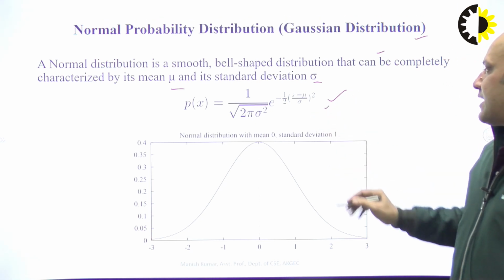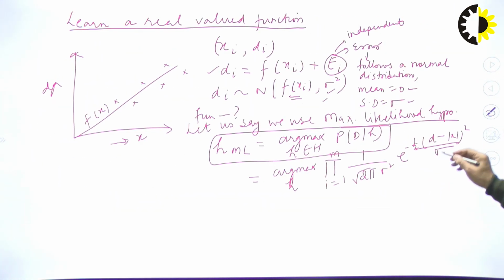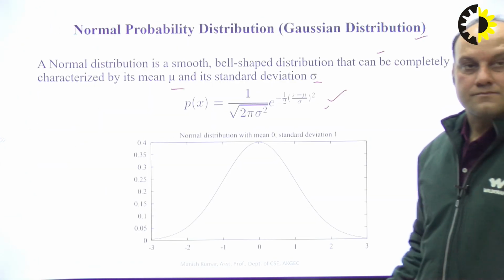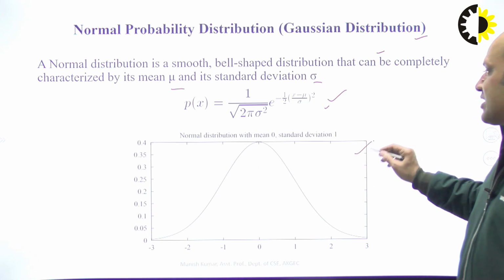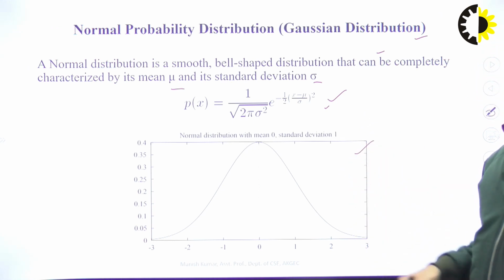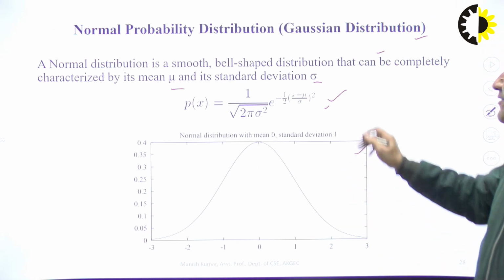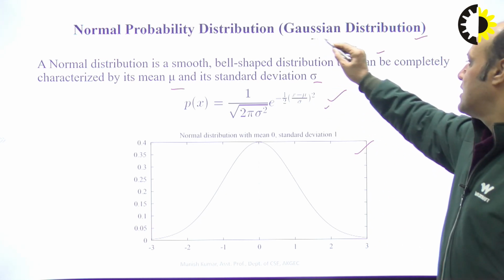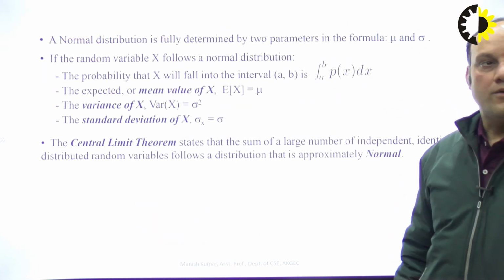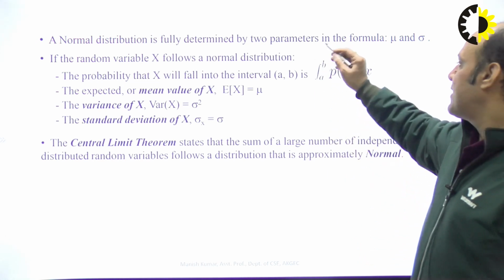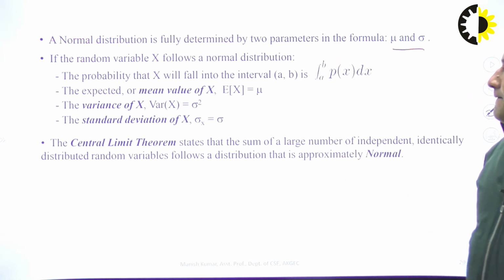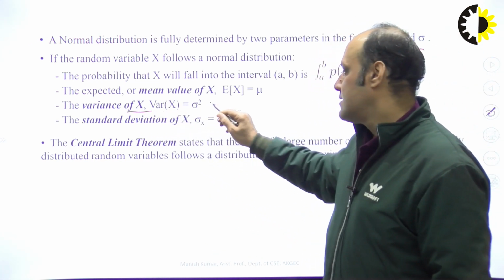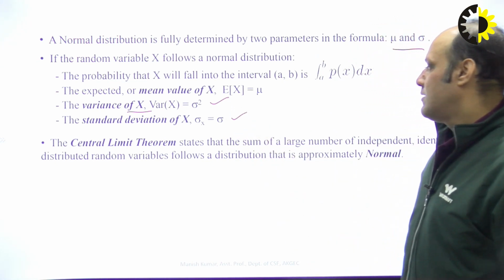The same equation I have used here, which is bell-shaped. This I have given for your reference, showing where this equation comes from, which is the Gaussian distribution. A normal distribution is fully determined by 2 parameters in this formula, the mean and the variance sigma square, the standard deviation.